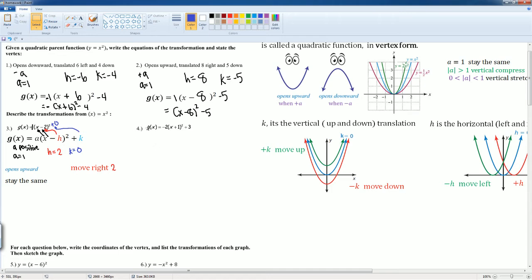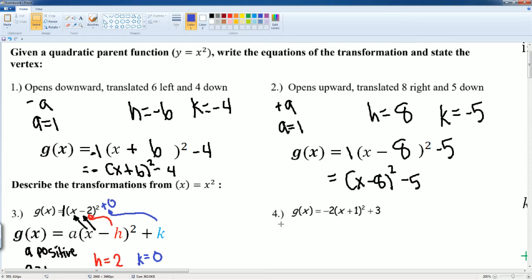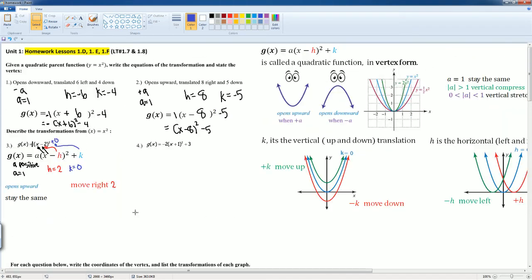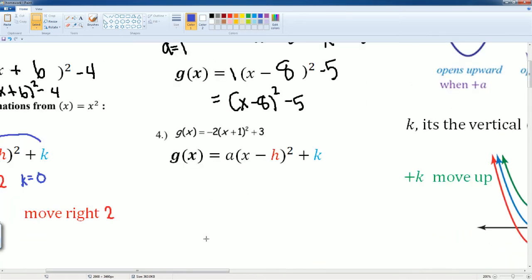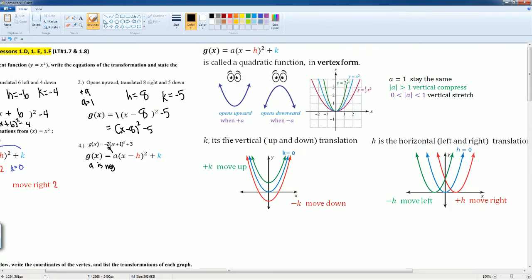Next, let's do number 4. Same process. Here, let's grab our vertex form to help us out. All right, A is negative, and that does tell us that it moves down.